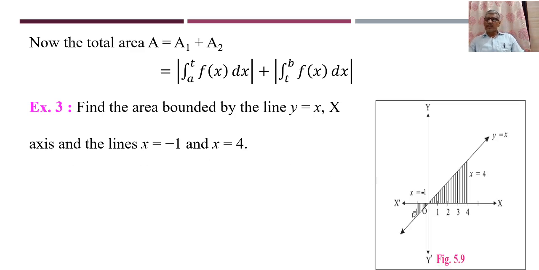Here, this is the line y equal to x. The line is passing through the origin. The limits are x equal to -1 and x equal to 4. There are two areas, a small shaded portion and a big portion.